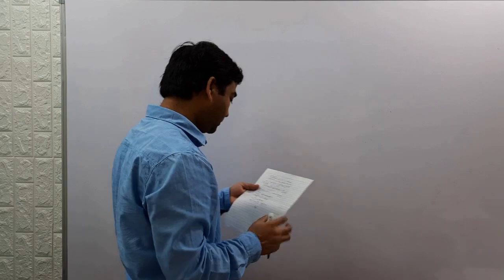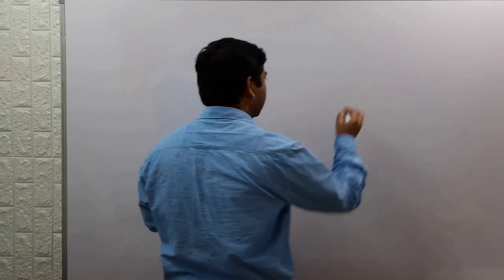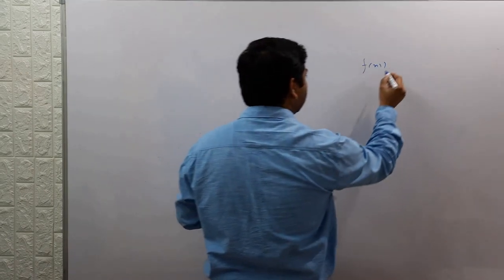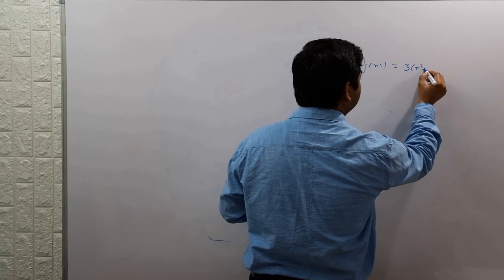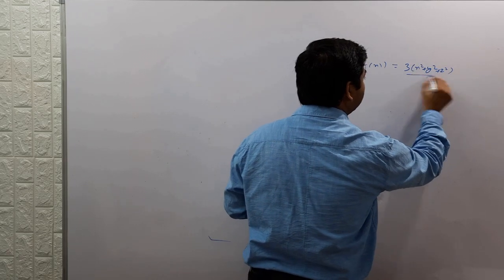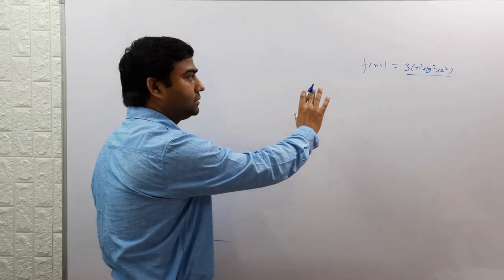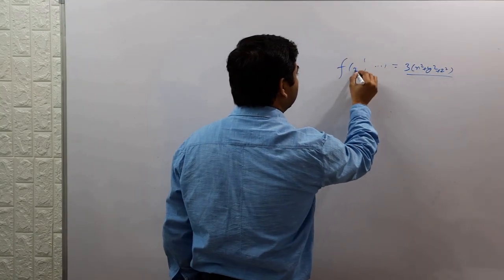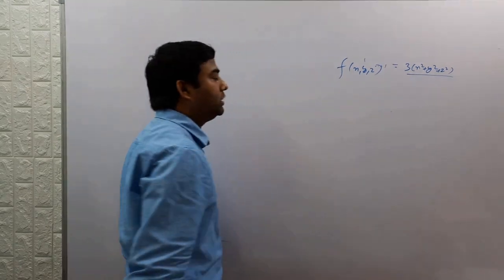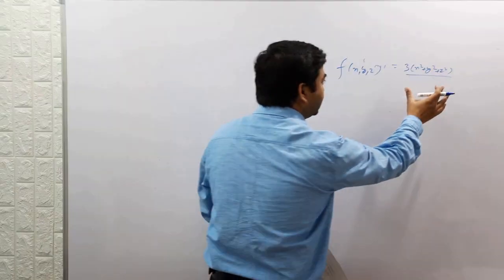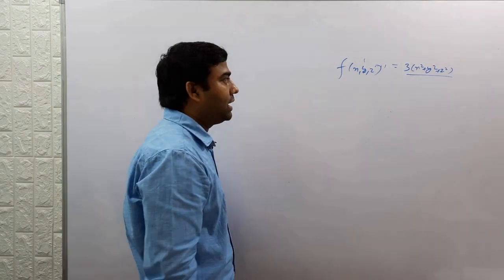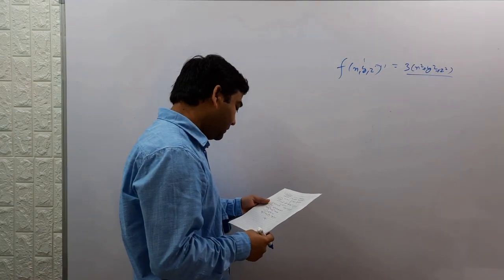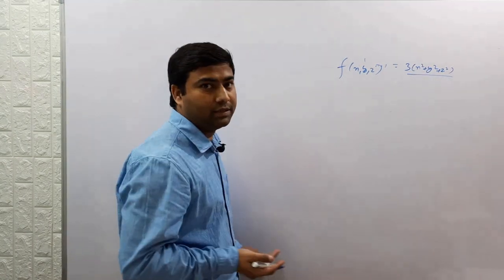Let there be a function f(x, y, z). We have taken a very simple problem just for explaining the concept. At a point (x, y, z) this function is represented by this expression, and this function gives the density.